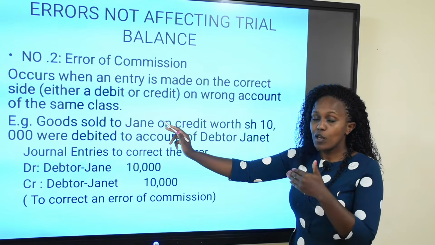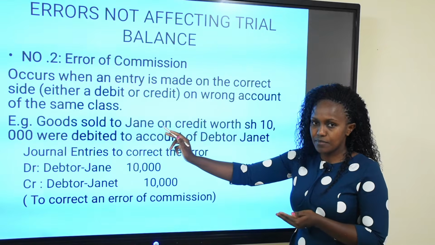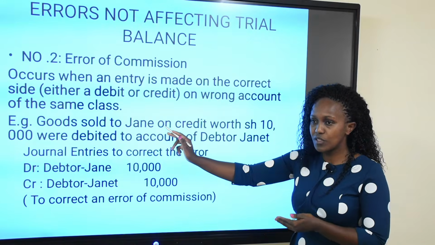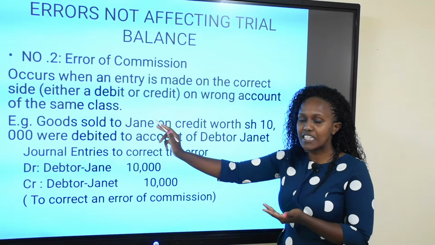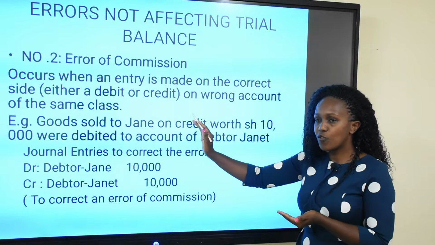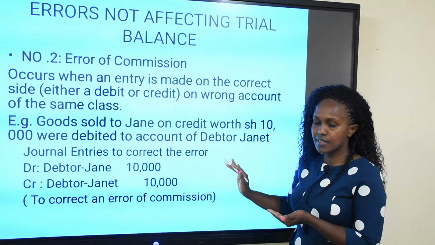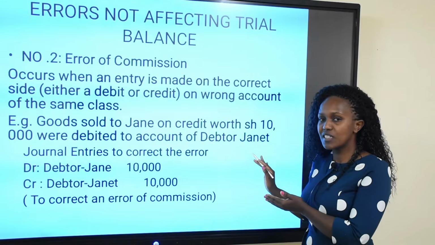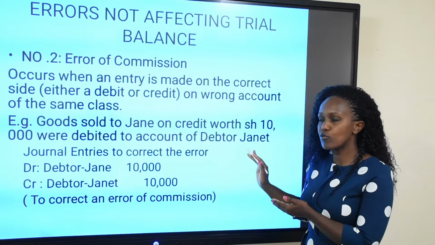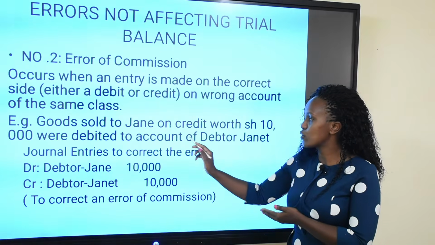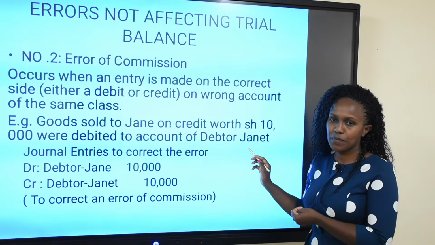Of course, and then we are going to credit sales. That is the right thing to do. So the sales has been credited, all right? But the debit has been put in the wrong account. It has been put in the account of debtor Janet.